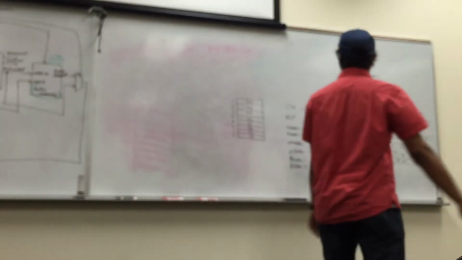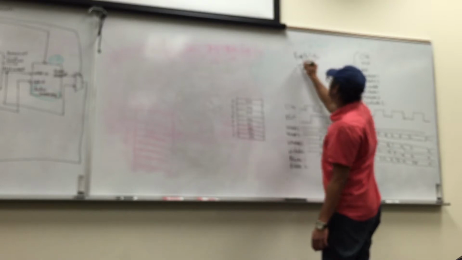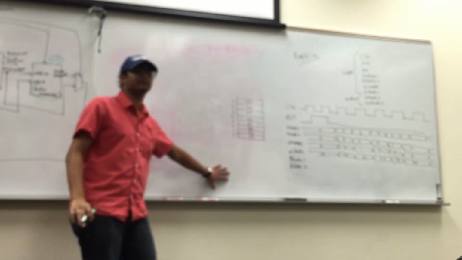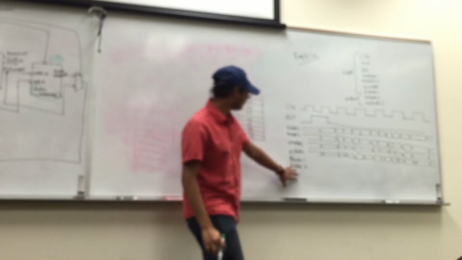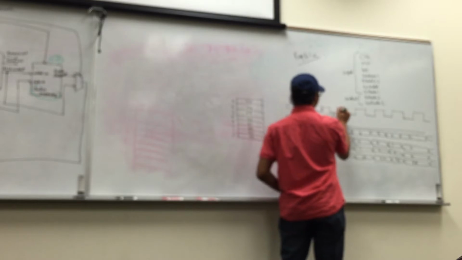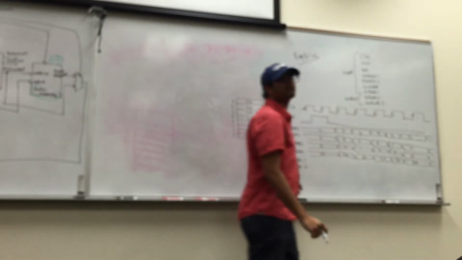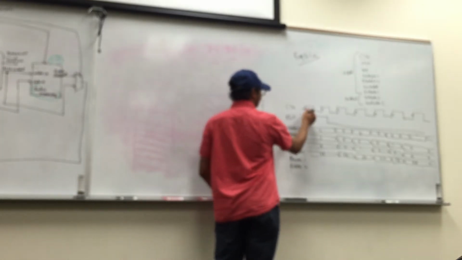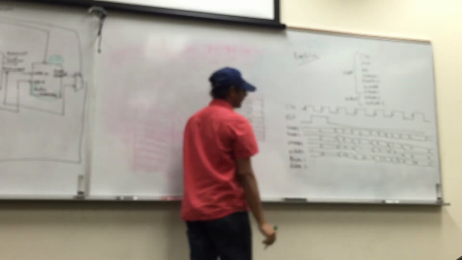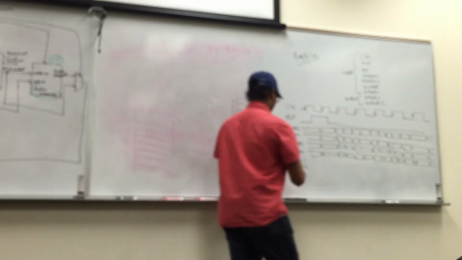So this is your reg file. You guys are familiar with reg file, right? Okay, guys. So can you tell me what happens at this clock cycle? I have write enable. Sorry, hold on.